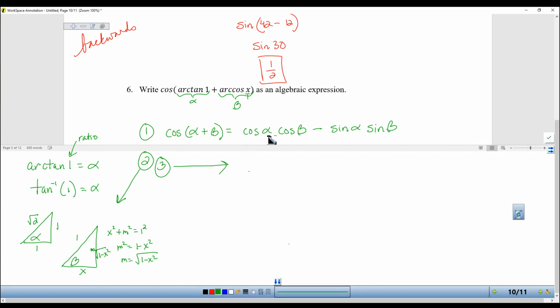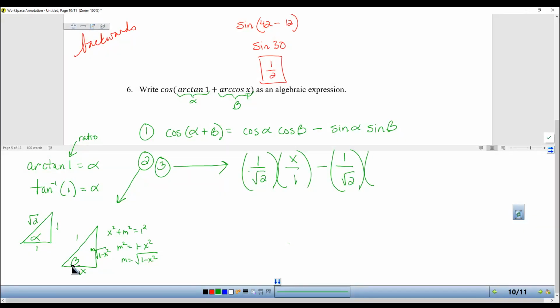So cosine of alpha, look at the alpha triangle. Cosine of alpha is 1 over the square root of 2. Cosine of beta in the beta triangle is x over 1. Sine in the alpha triangle, so sine of alpha, is opposite over hypotenuse.